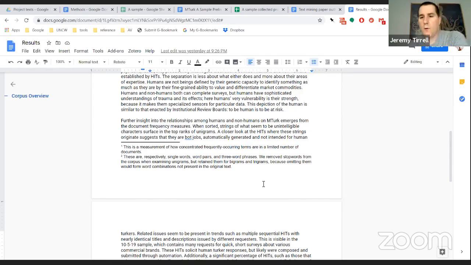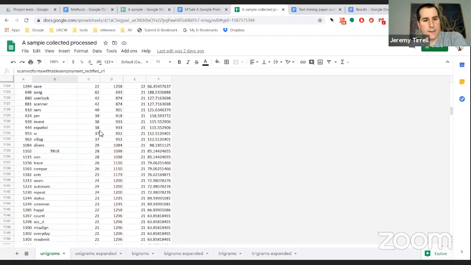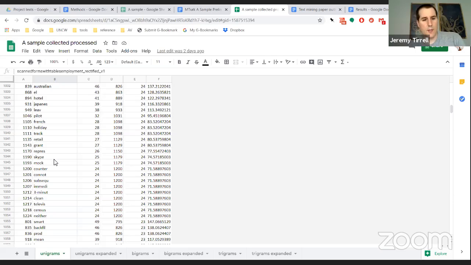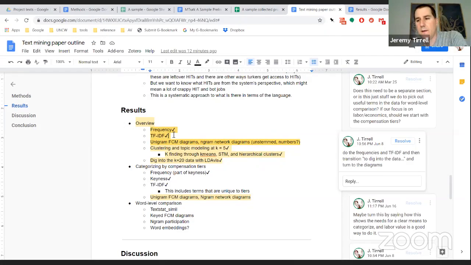So the question would be, does that emerge in these counts? And in some ways it does. I'll make a note because, the way that this is broken is, what pops out when you look at the frequency stuff?